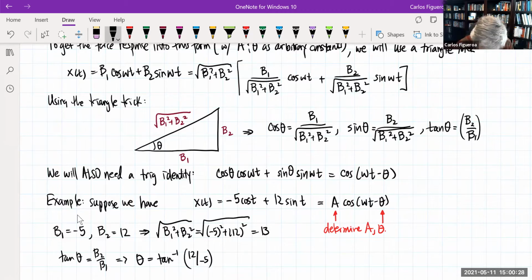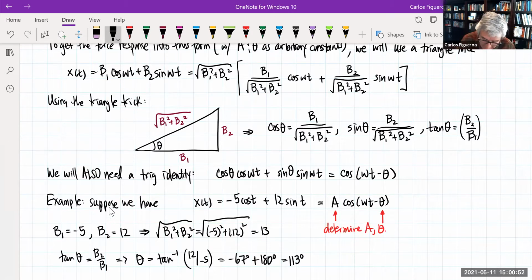If I compute this, I'm going to get minus 67 degrees. Now, I have to be careful here because the angle is getting reflected, so I have to add 180 degrees. If I do that, this gives me 113 degrees.